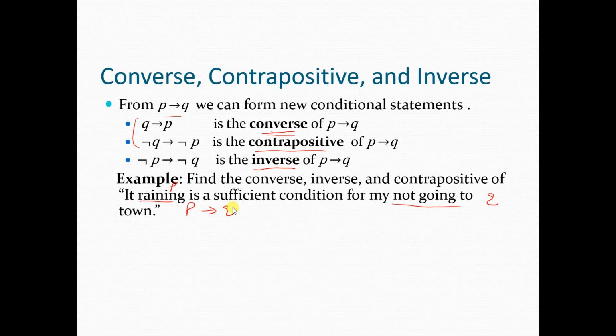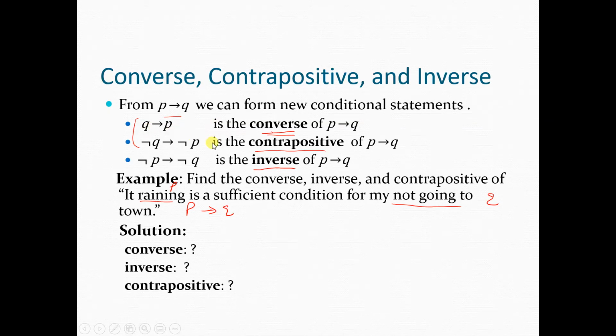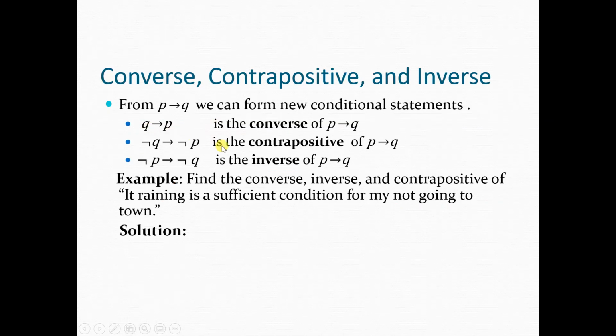Now you have to write converse, inverse, and contrapositive. So what will be the converse of this statement? Converse is Q implies P. So converse is, if I do not go to town, then it is raining.